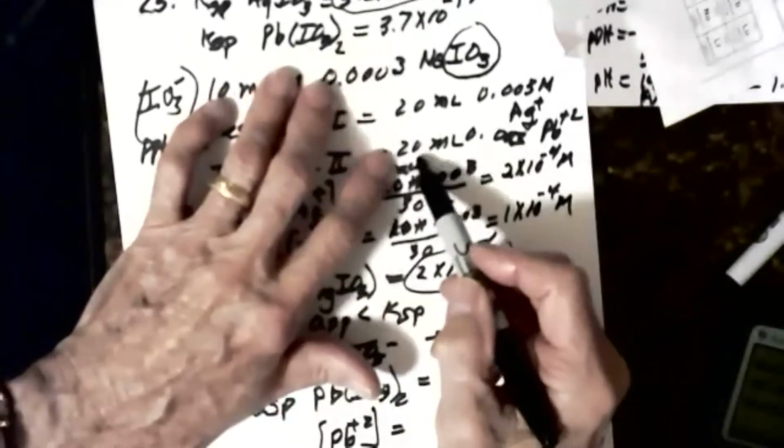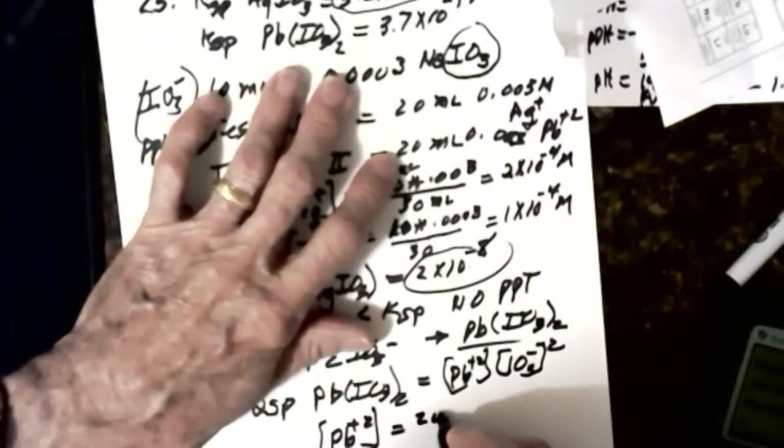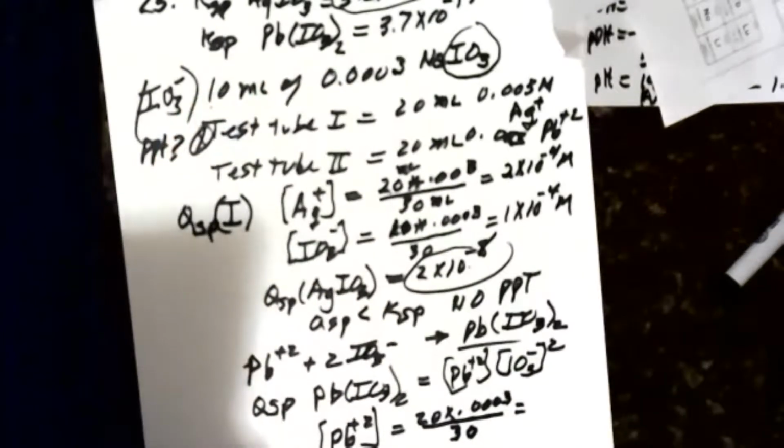Okay, it's the amount of lead in the second test tube. So it's 20 times 0.0003, and now it's in 30 milliliters. Got 10 more milliliters added to it. So my concentration is 20 times 0.0003 divided by 30. That's 2 times 10 to the negative 4.